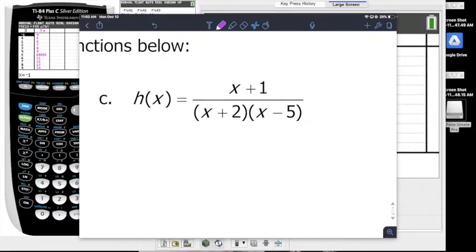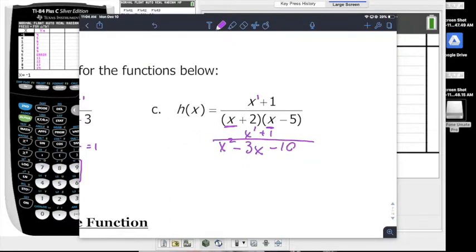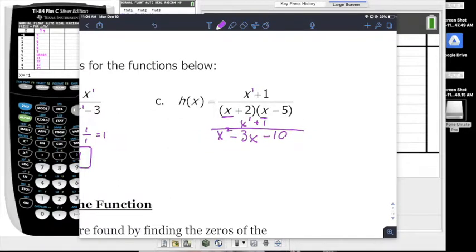Since this one is x to the first, and then we have x times x, eventually this will be x squared minus 3x minus 10 once we FOIL it together. Your degree in the denominator here is actually 2. So actually this one's y equals 0. I thought this was going to be a different example.